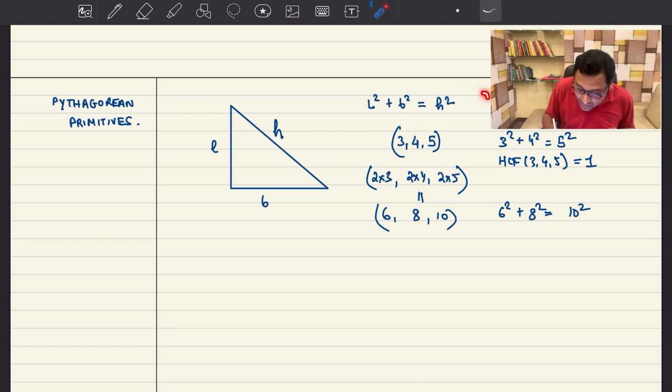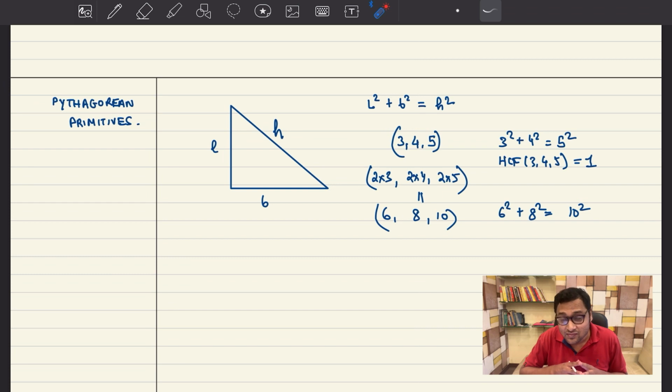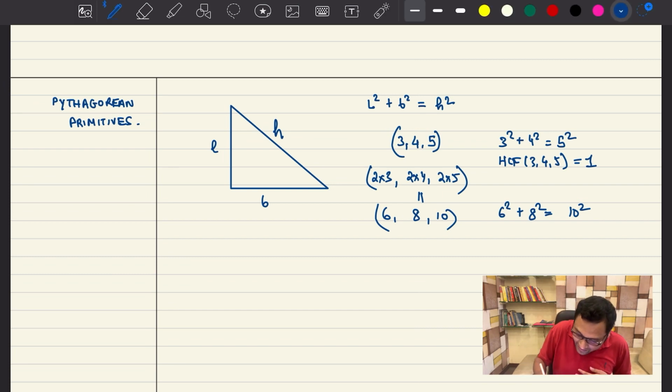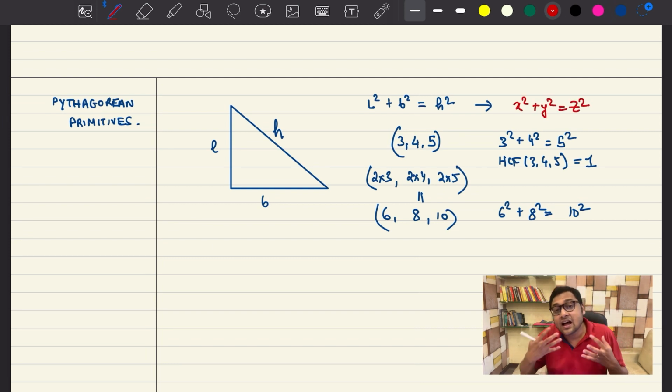This particular equation has infinitely many solutions. In fact, I can write this as an equation, x squared plus y squared equal to z squared, and I can ask you how many integer solutions there are to this equation. And what we just said proves that there are infinitely many solutions to this equation.